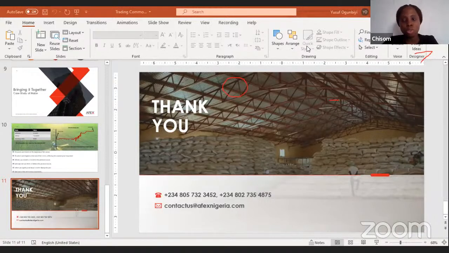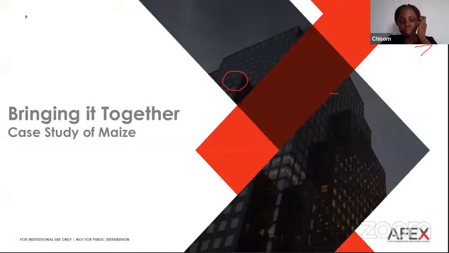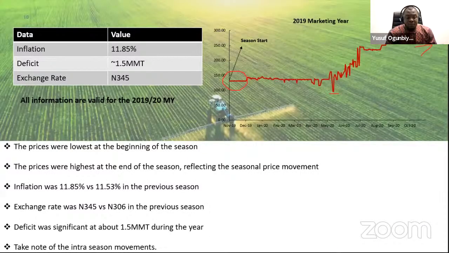I think you might want to go back to that graph where you showed the price chart for maize from 2019. So what you have here, like I explained earlier, the marketing year starts from the beginning of the harvest period. You have harvest typically around November in Nigeria, and that's when we think the marketing year should start.